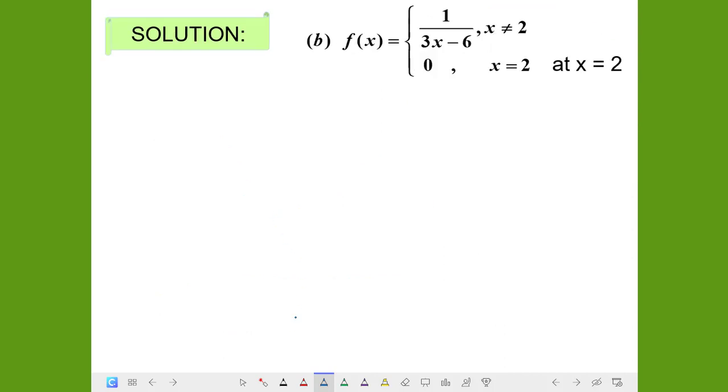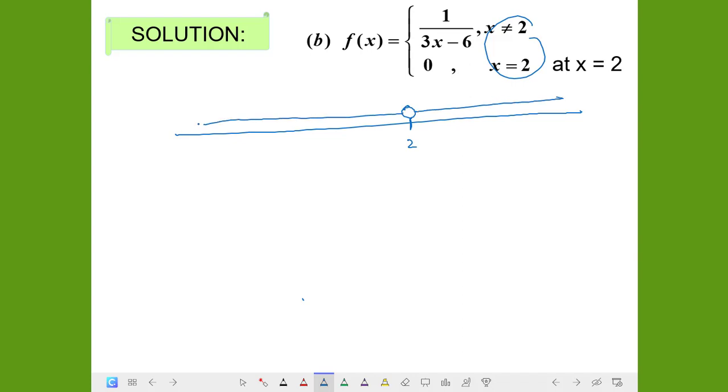The second is to transfer this piecewise function to a number line. Set to real numbers. The function is 1 over 3x minus 6. When x is equal to 2, y is 0. This is just a point.